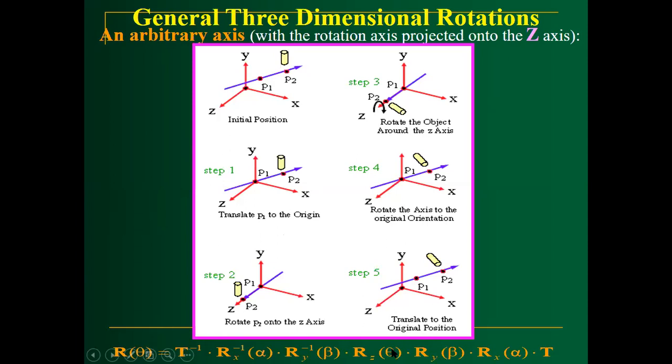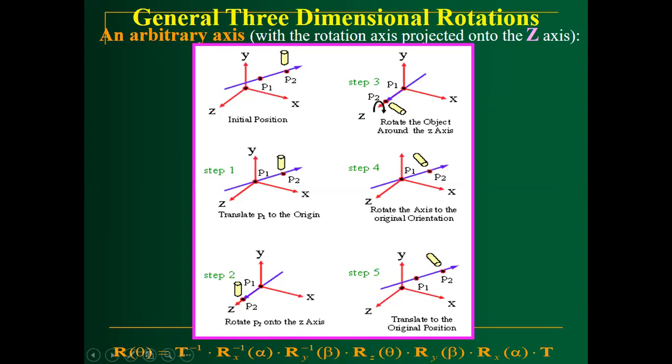That is your original rotation. Next, these two are inverse rotations. So you rotate around the same y-axis with angle beta, then the x-axis with angle alpha, and then inverse translation. Basically, you do these to nullify the effect.